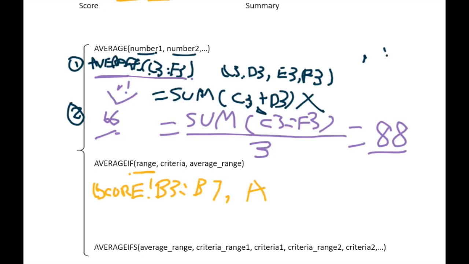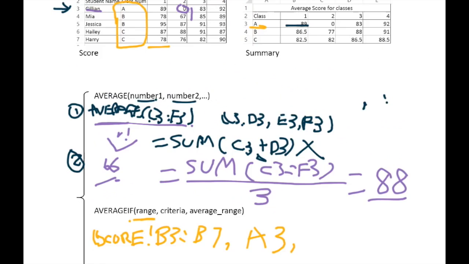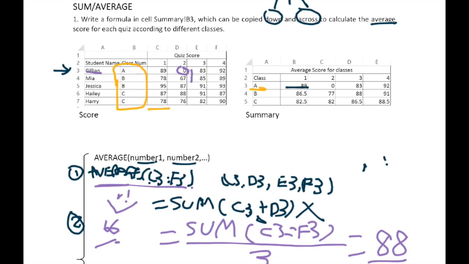And we do not have to add the summary sheet name with a mark here because we are working in the summary sheet, so we do not have to write the summary worksheet here, but you can add it just in case, like for safe.